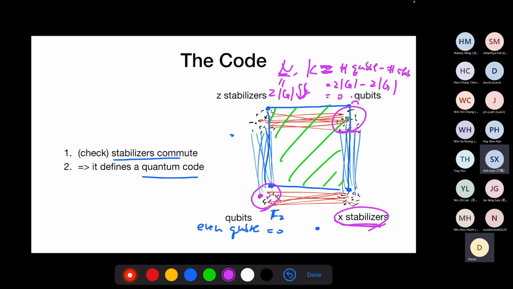This x stabilizer is acting on maybe a qubit here, and depending on which stabilizer, it only acts on some specific qubits. So in the upper right and the lower left corner, there are only 8 qubits separately, right? It depends on the size of your group.